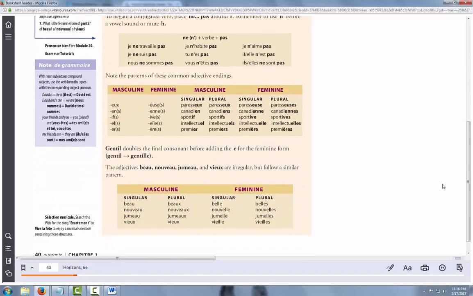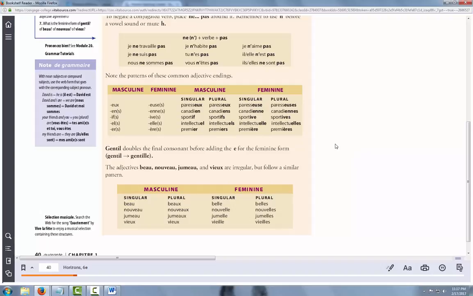They're also adding a few more adjectives here for you, because it's impossible to learn them all at once. It would just be too much. So here are a couple of those common adjective endings, common patterns that you can apply to other adjectives as you learn them. All adjectives in EUX, pronounced E, will make their feminine in EUSE.